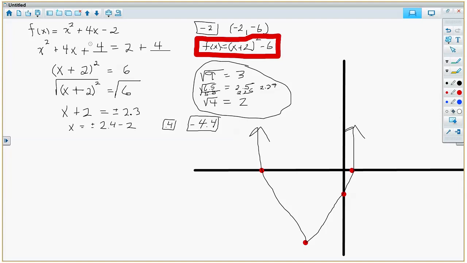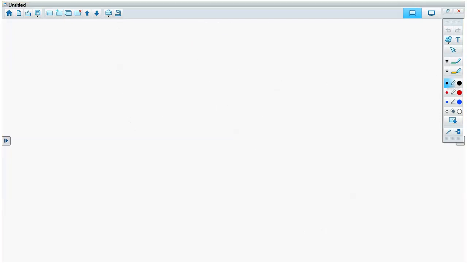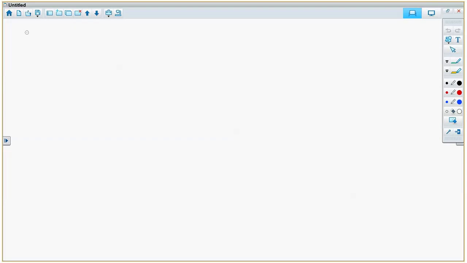All right, so let's throw a monkey wrench in it. Let's just really lock you down. Here we go. X squared plus 3x plus 1 or minus 1 is equal to 0.